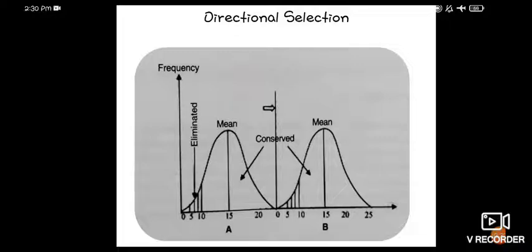So it gives a bell-shaped curve in the graphical representation. This is the second type of selection called the directional selection.